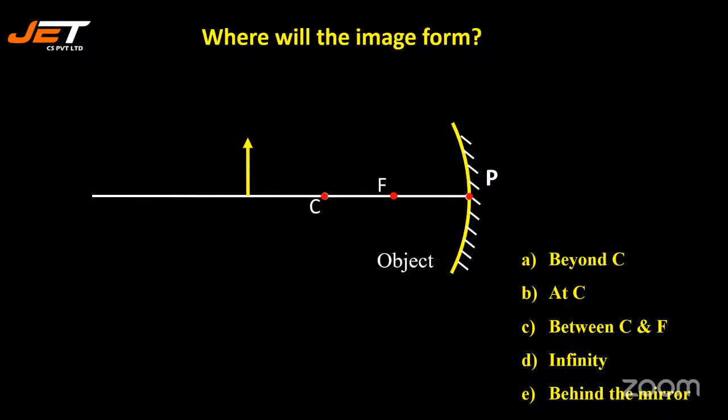Object is beyond C. Yes. Anjali, Nitin, Hansika, Nandalal, very good. Lingaya, Adarsh, Aditya, Jafar. It is between C and F. Between C and F మనకి image form అవుతుంది.